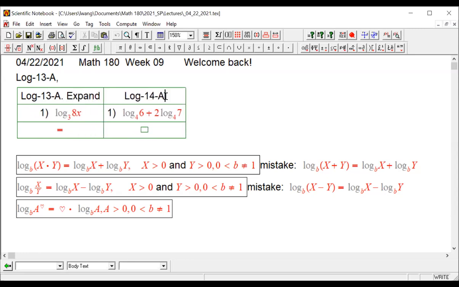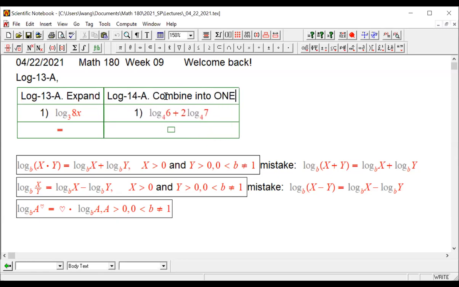And the task in 14a is to combine into one single log. You guys see the difference? So that it's the opposite operation.